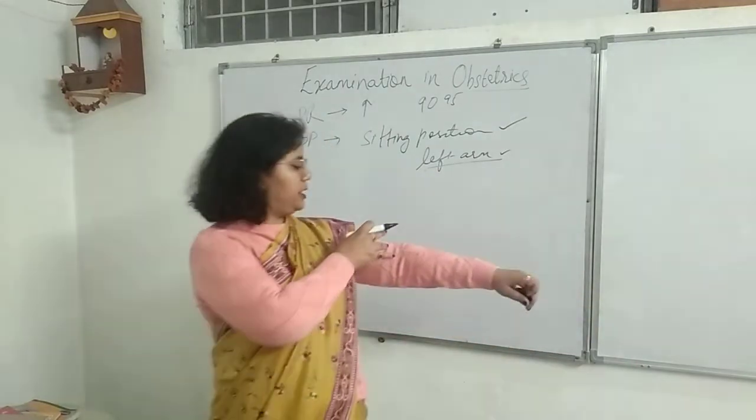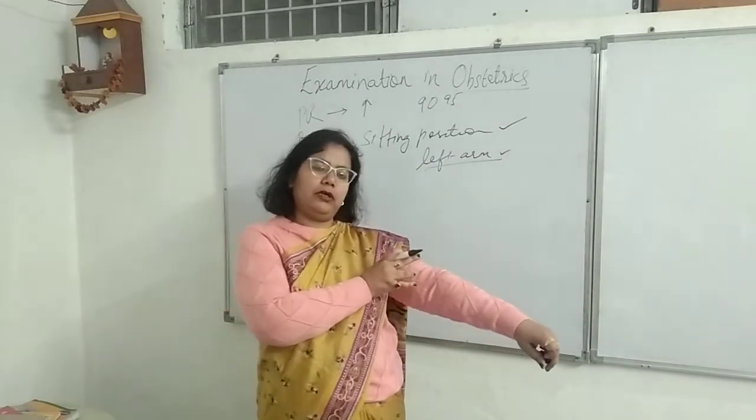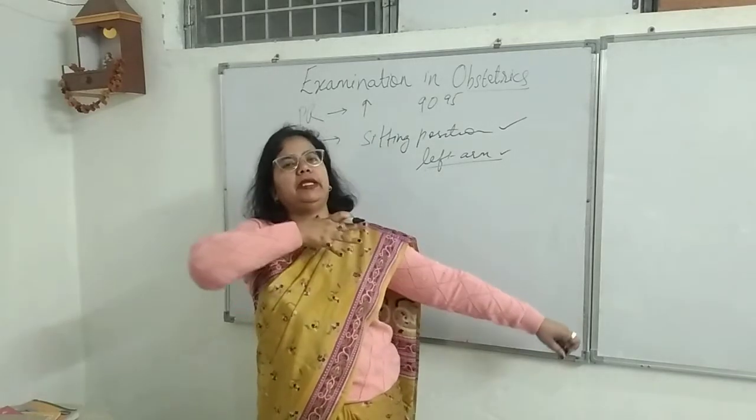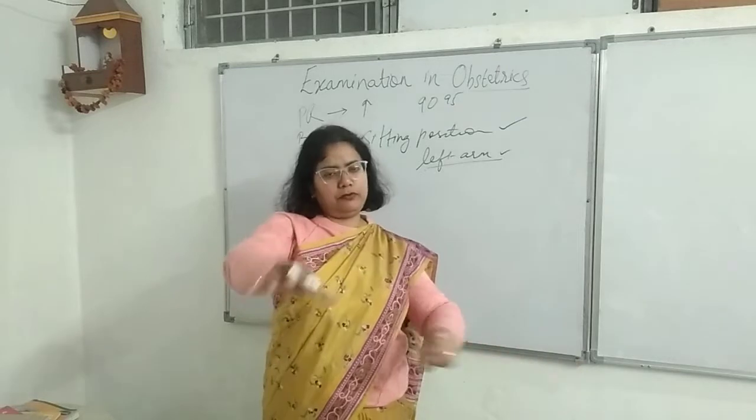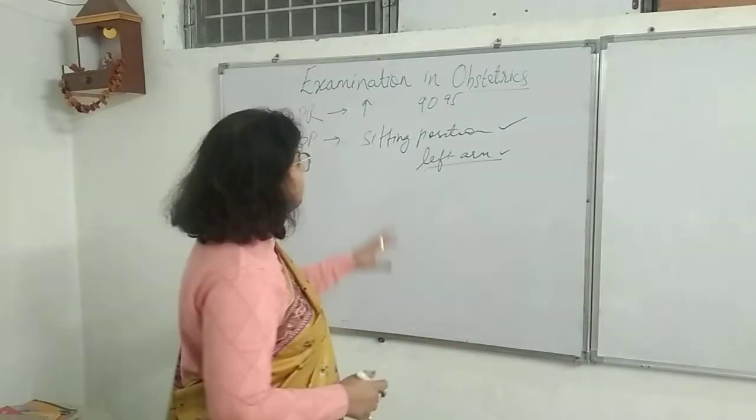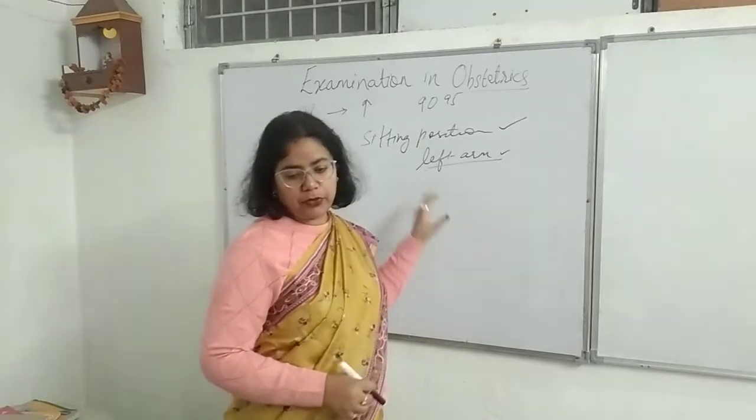You should not be using a baby cuff. It will be giving false readings. And you should also not be using a very large cuff for a small size woman. So size of cuff is important.